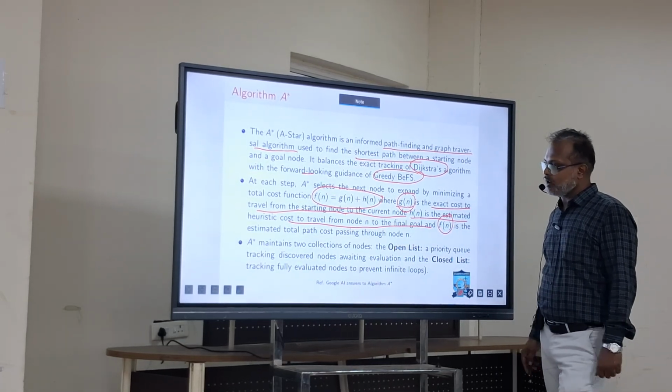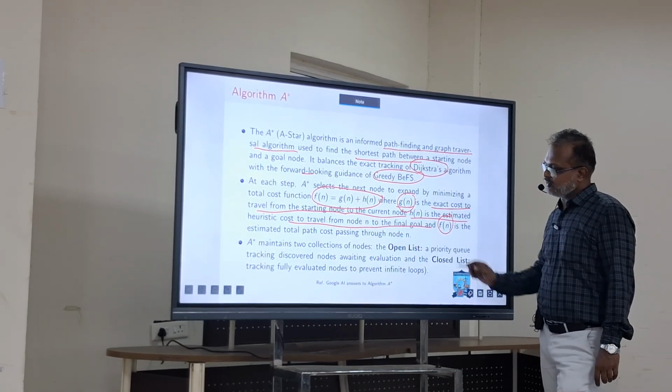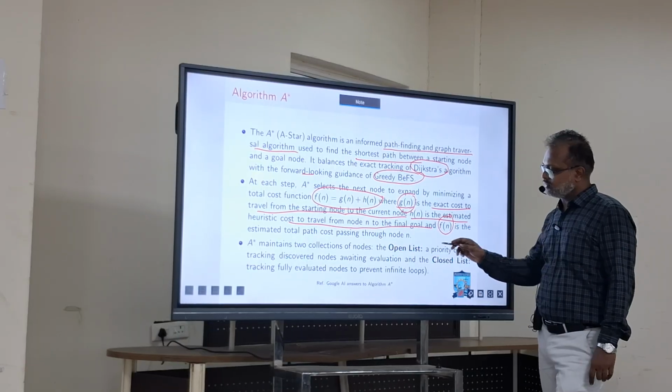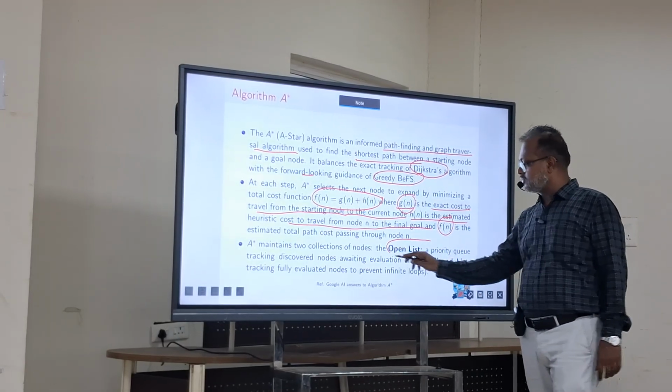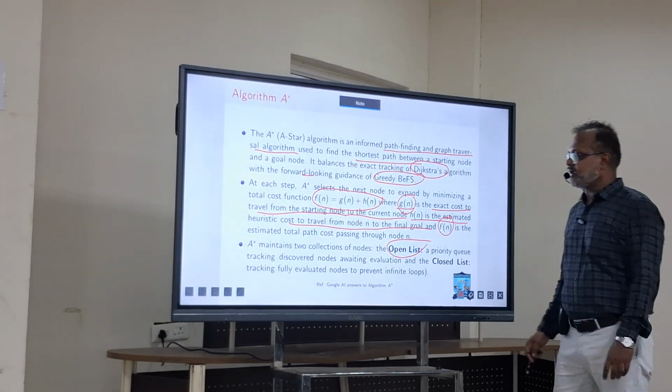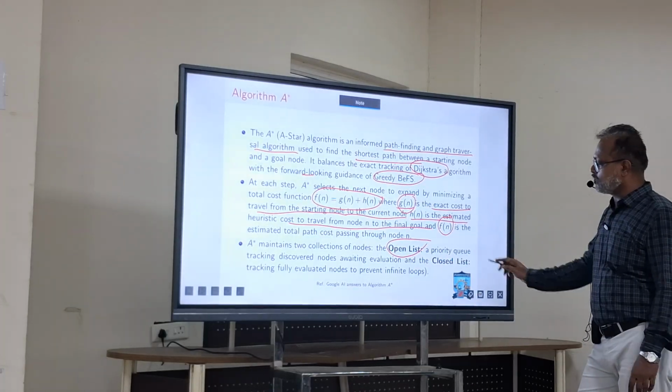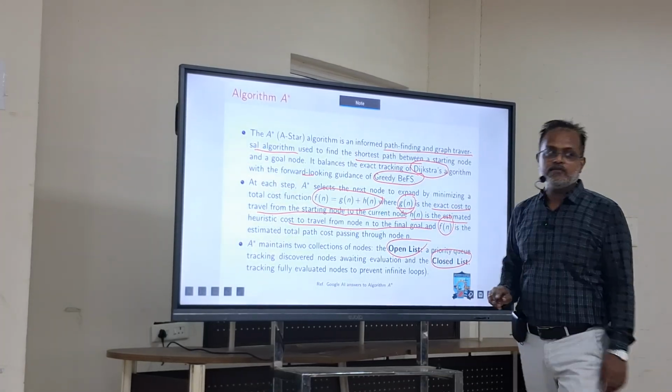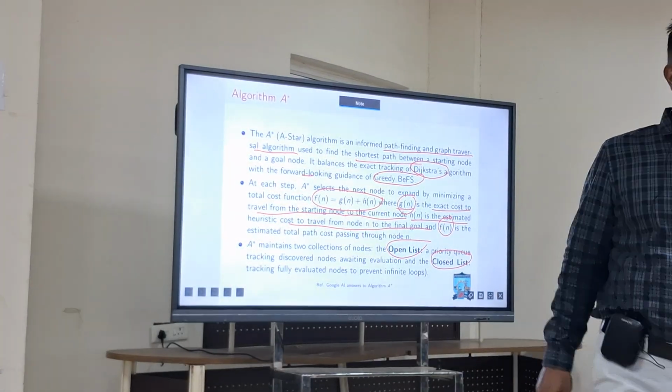So A star maintains a collection of nodes. The open list is a priority queue tracking the discovered nodes awaiting evaluation, and the closed list holds nodes you have already evaluated. Open list means nodes that you are going to evaluate.